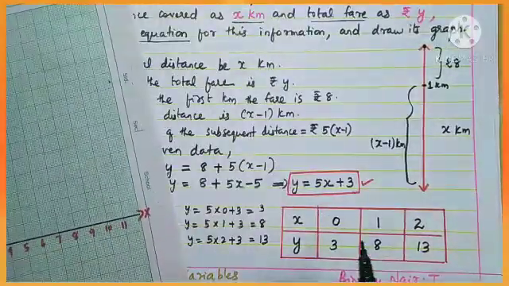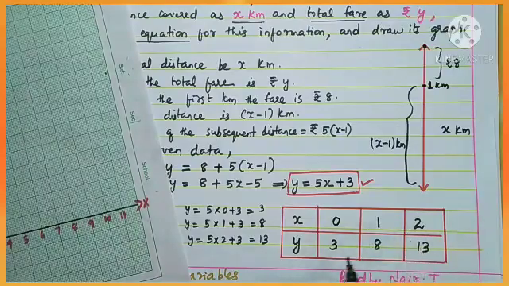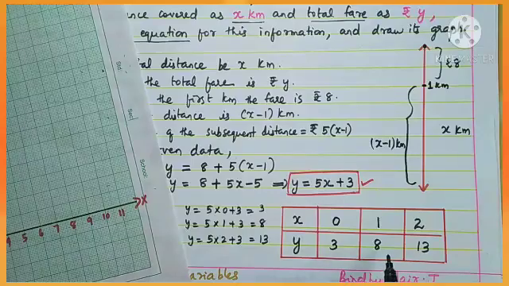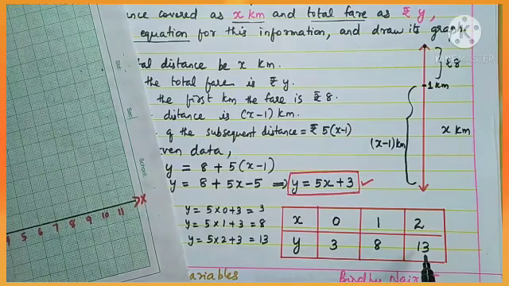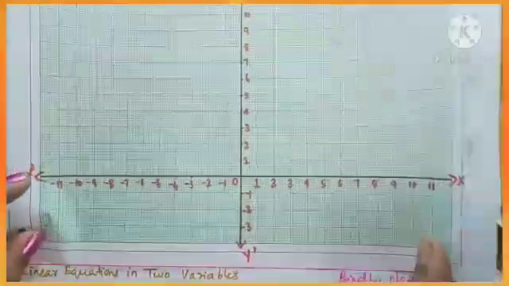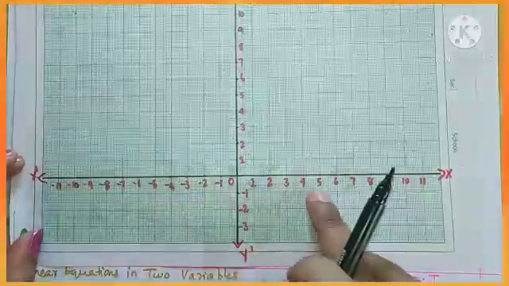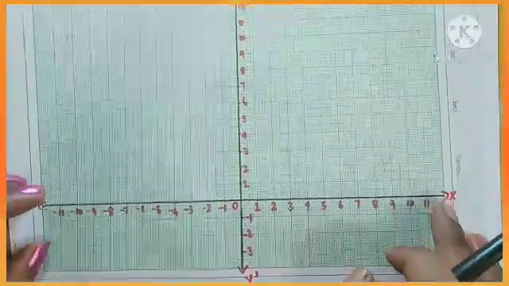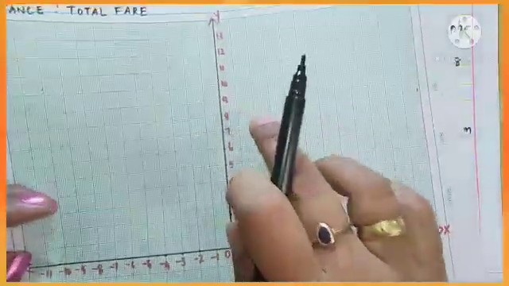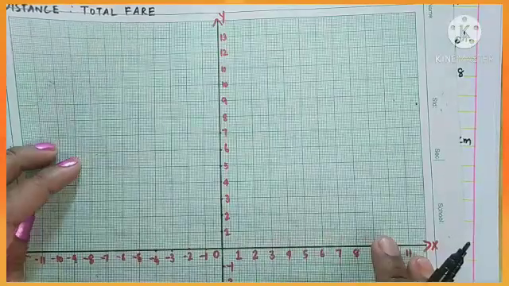Here you see for x value 0, 1, 2, only small numbers, and for y I need to take positive values, up to 13 is needed. So that only in the graph I draw the x-axis some below. Some down I draw the x-axis, then only I will get which number up to 13 I can plot. 1, 2, 3, 4 up to 13 I can plot only when I draw some x-axis down.